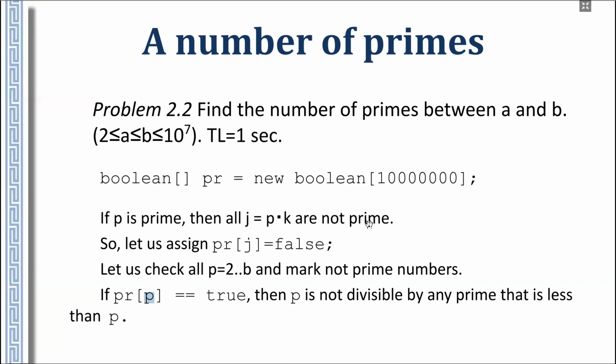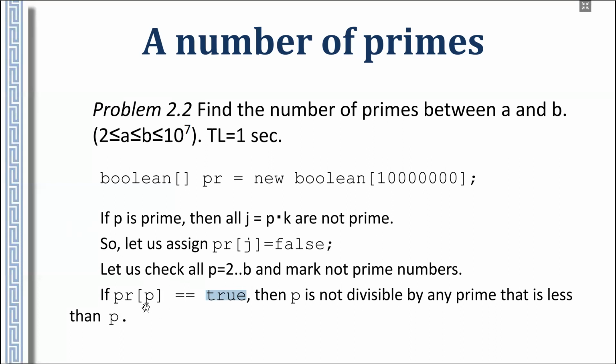We mark all elements that are multiples of these numbers, and that's why if we have true for some element with index P, it means that it is not a multiple of any primes before that, and the process we did for each prime before doesn't mark it as false.